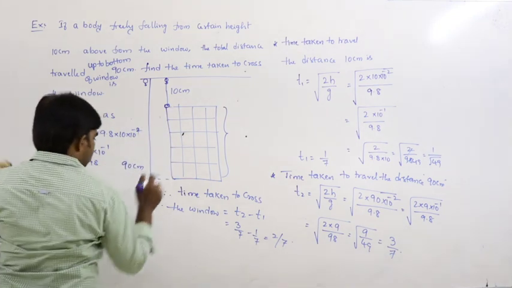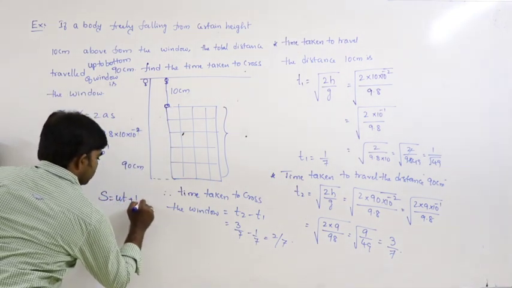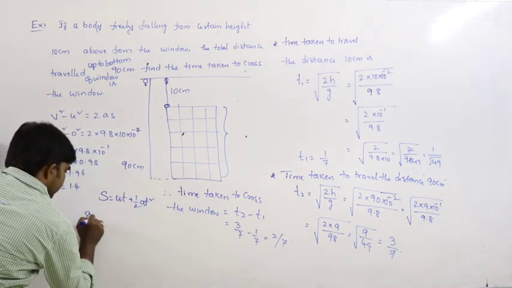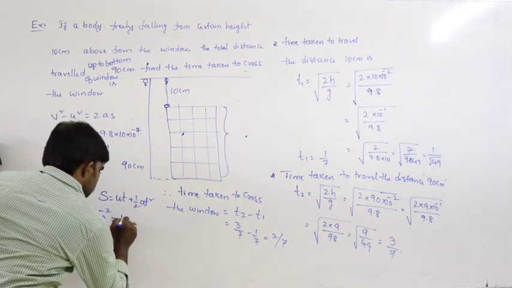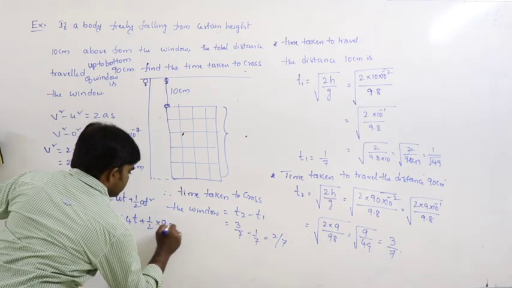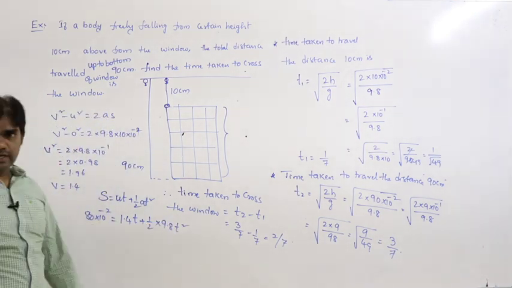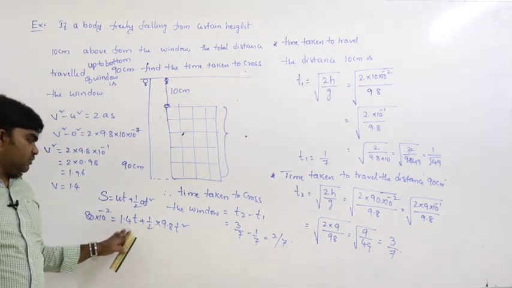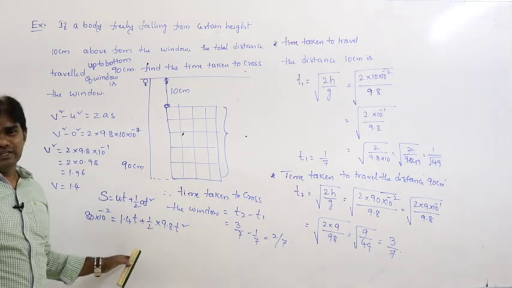Now, from here to here, from the equation s equals ut plus half at square, the distance traveled is 80 centimeters, 80 into 10 power minus 2. Velocity is 1.4 into t plus half g, 9.8, t square. This becomes a quadratic equation again. To solve this quadratic equation is somewhat difficult.